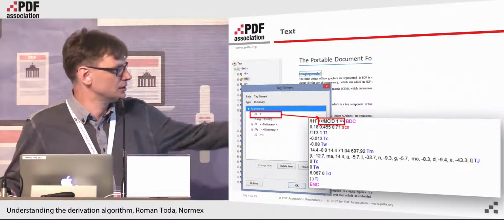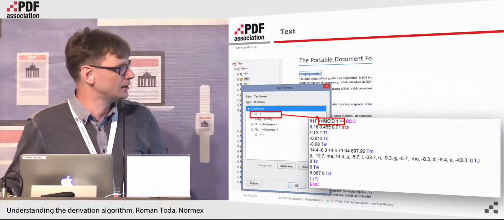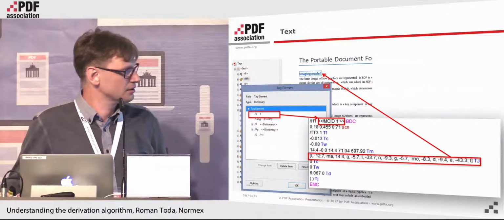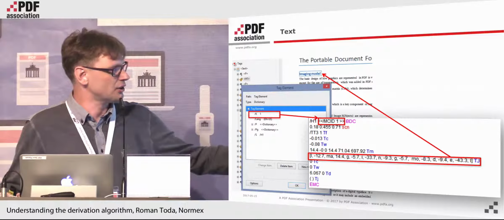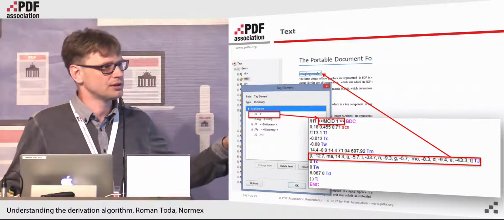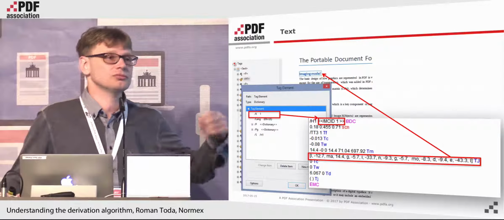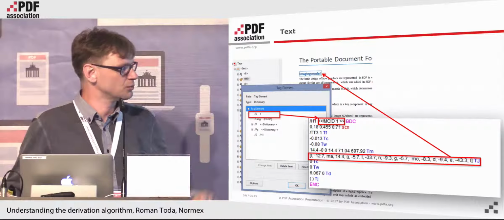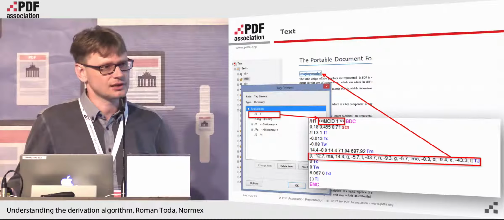And you see the close connection between content and tag. And then obviously you have, written in the content, the text that's painted on a page. And that's where, when we do proper derivation or when we do an extraction, the actual text comes from.